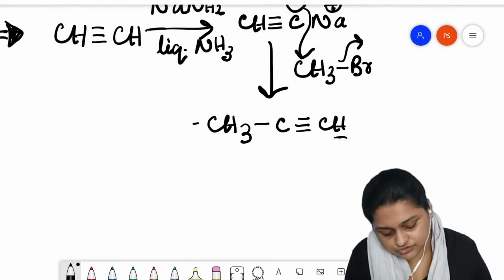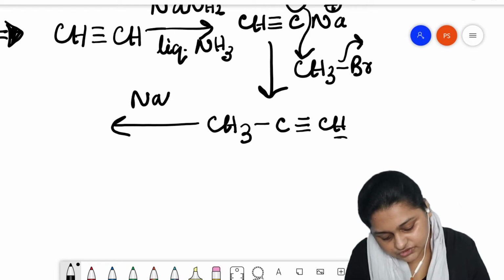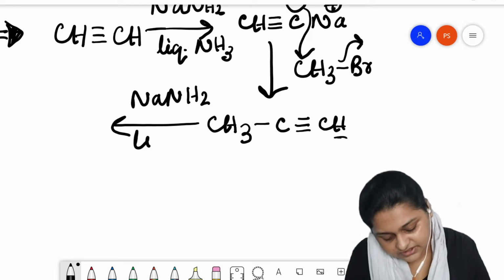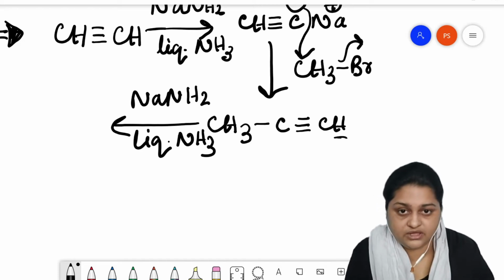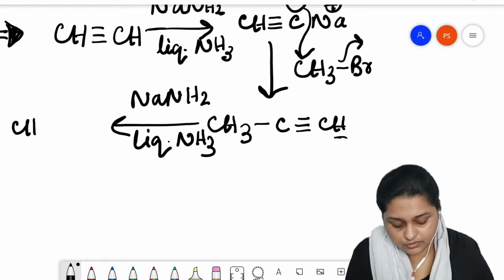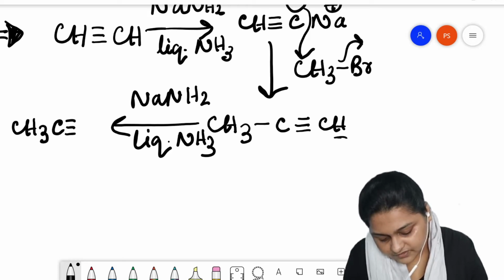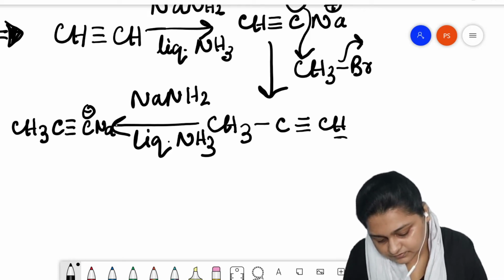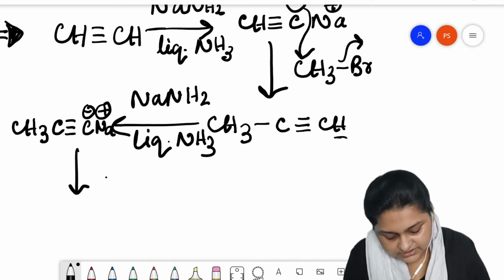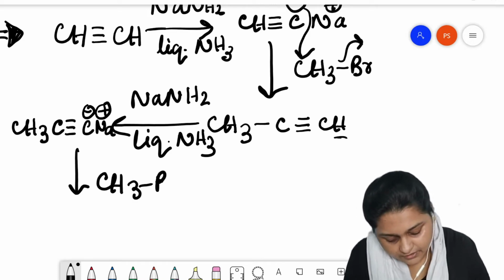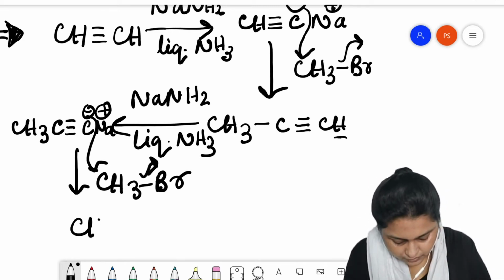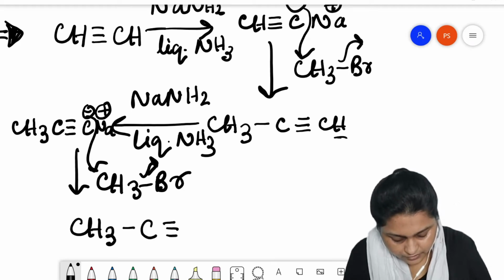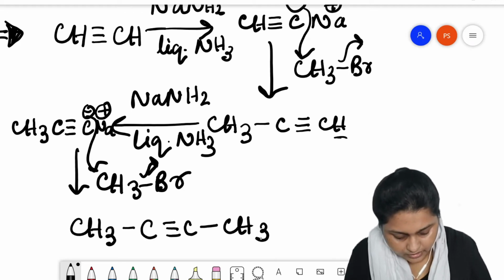So if I again mix sodamide in liquid ammonia into this reaction mixture, again an acid base reaction will occur and this acidic hydrogen will be removed, leaving this nucleophile. And again at this end, if we add CH3Br once again, a nucleophilic substitution reaction will follow, producing our desired product.